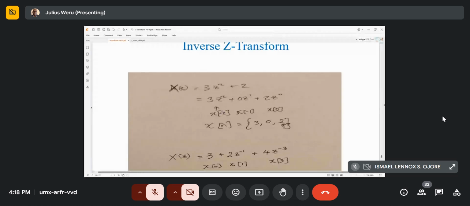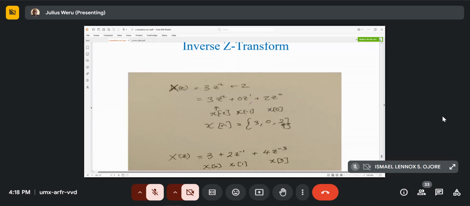So this is x of minus 2, n is minus 2. This is x of minus 1, the minus 1 sample, and this is x of 0, the 0th sample.